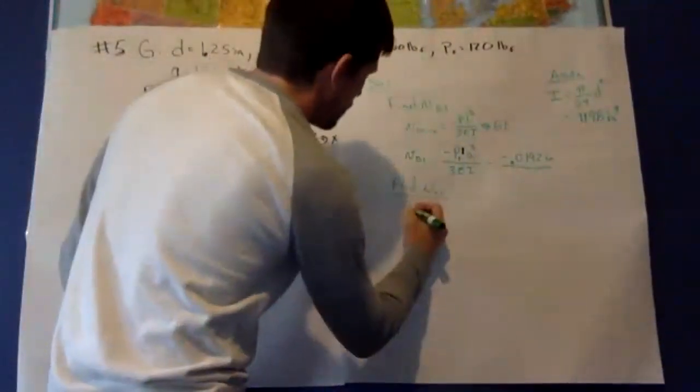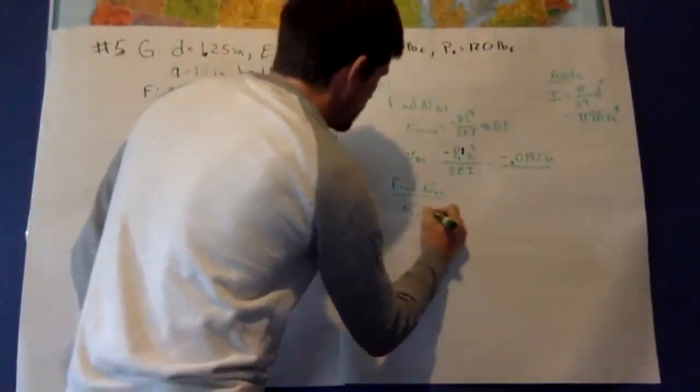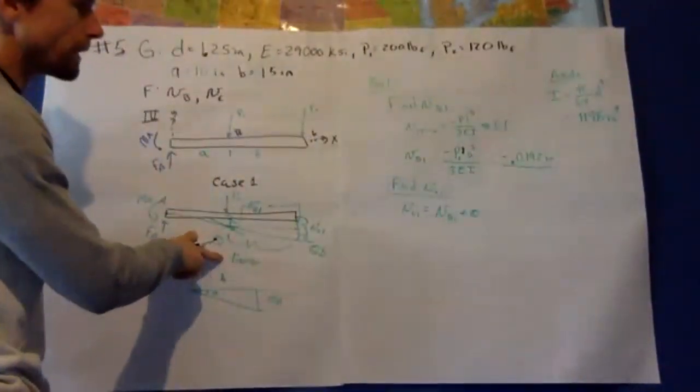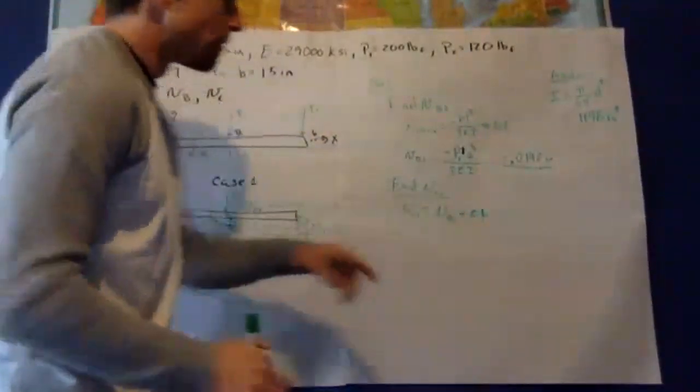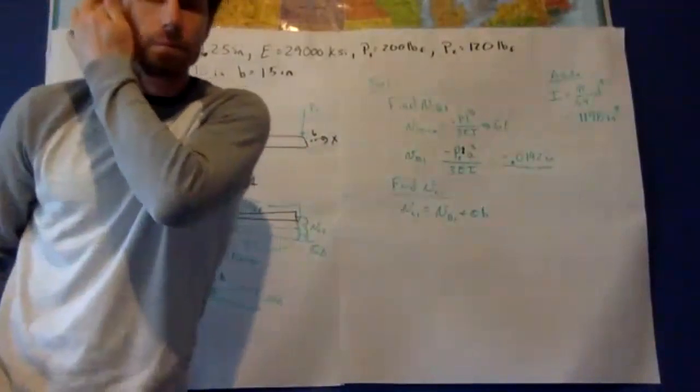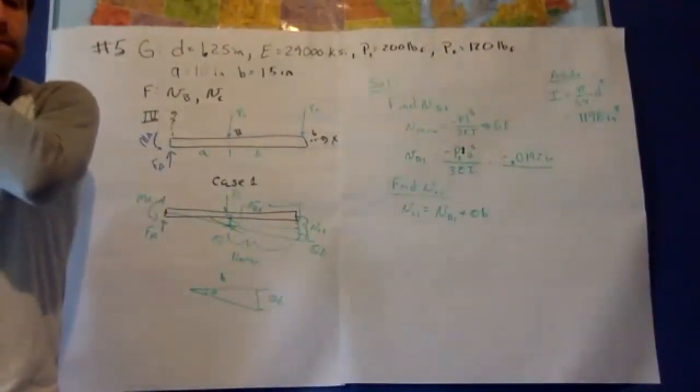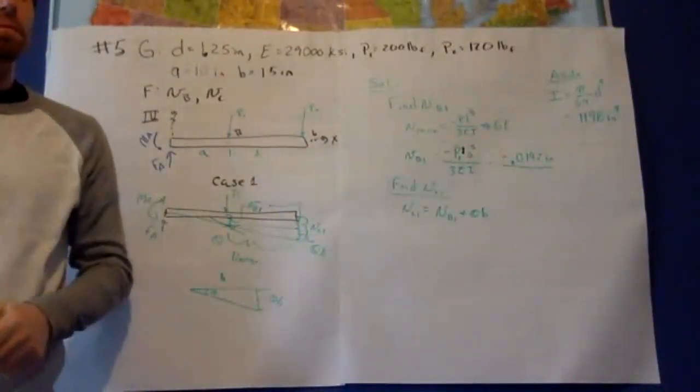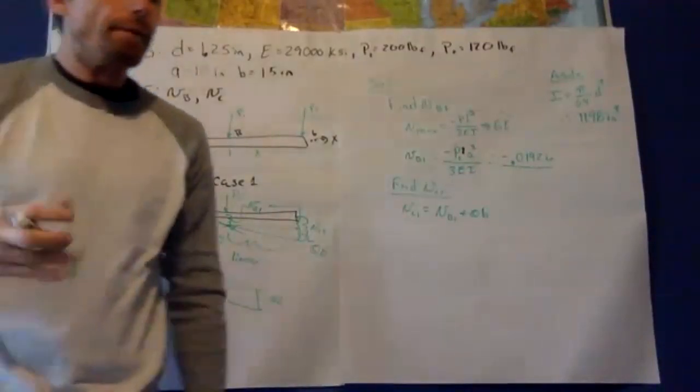The overall equation for VC1 is going to be equal to VB1 plus that theta we're going to get from the table times B, which is the distance between B and C. Any questions on that?